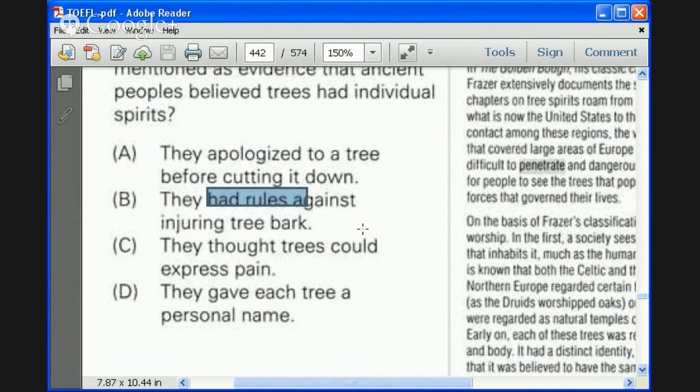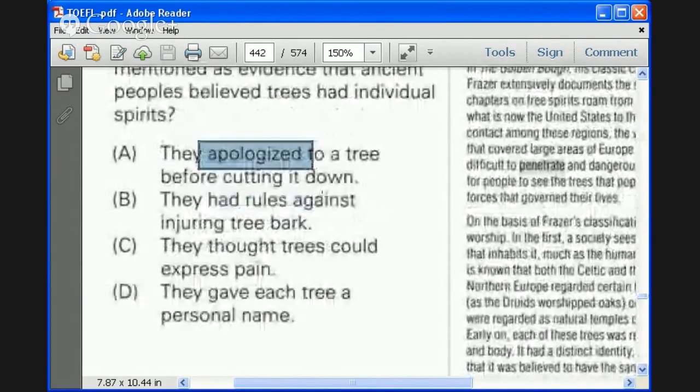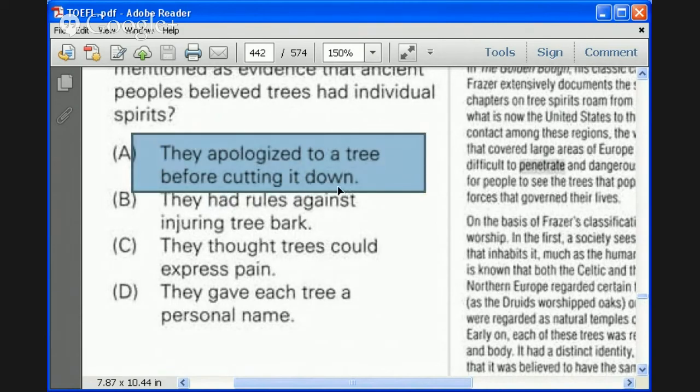So basically, I know my answer is probably going to be in paragraph 2 and paragraph 3. Your technique here is going to involve looking for keywords, scanning. So, what would I look for in the first one here? What word or words do you think? The verb to apologize.